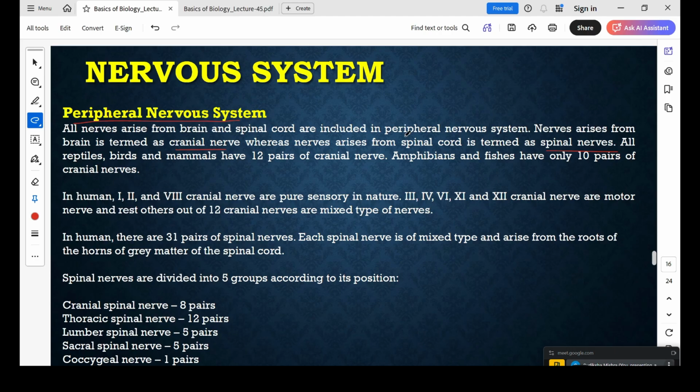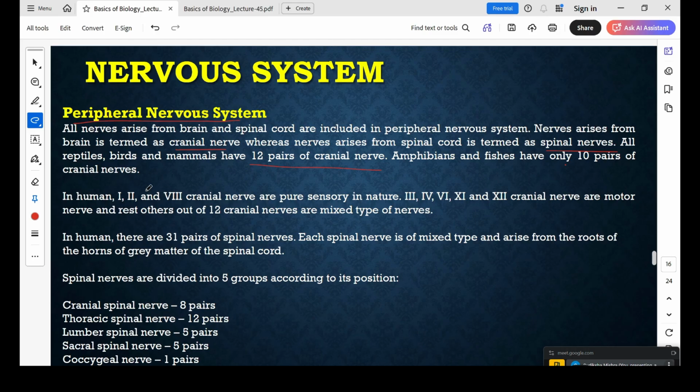All of reptiles, birds, mammals, etc. have 12 pairs of cranial nerves. Lower animals like amphibians or fishes have 10 pairs of cranial nerves. And each of these nerves have a specific function in a particular species.